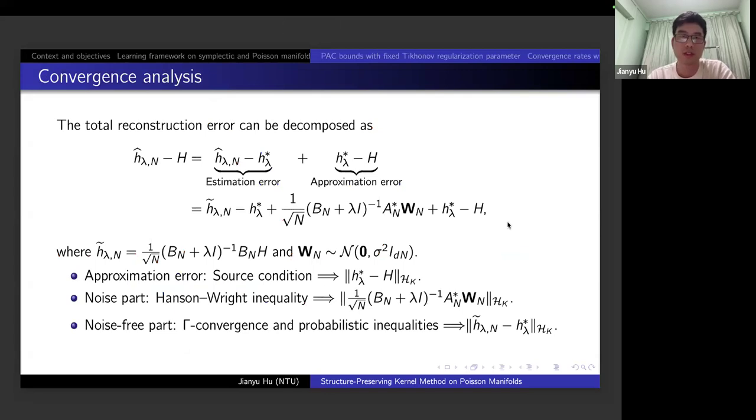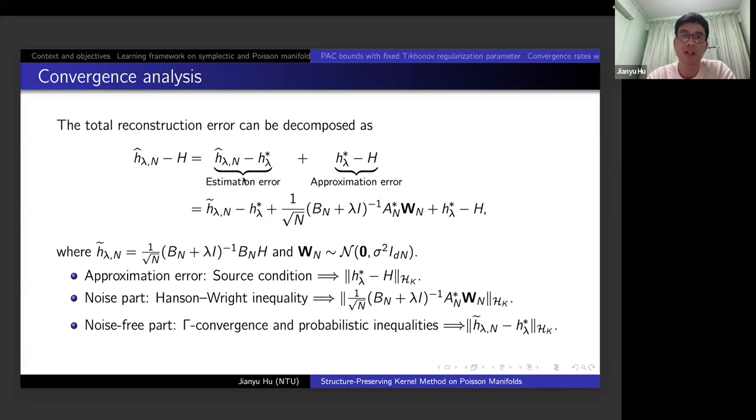Now we turn to the convergence analysis. We obtained the error bound through our previous operator theoretical representation.